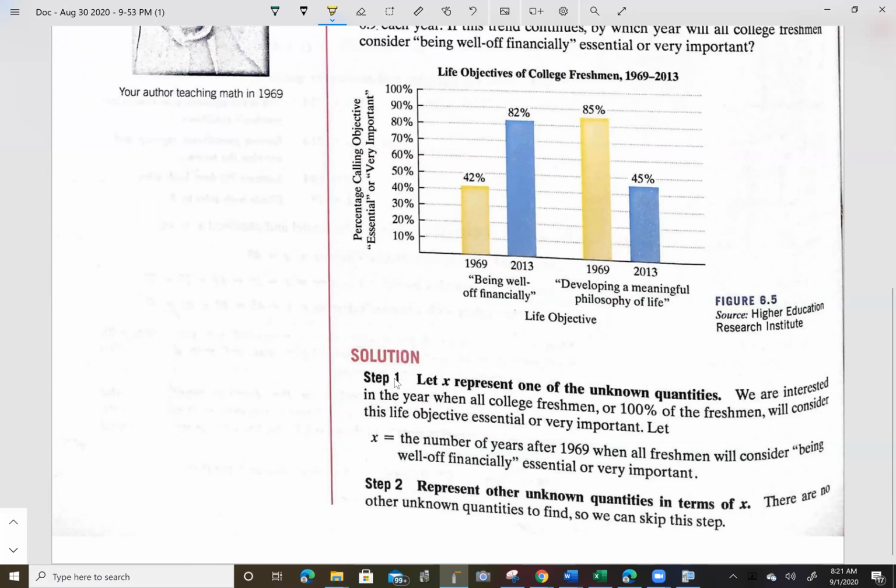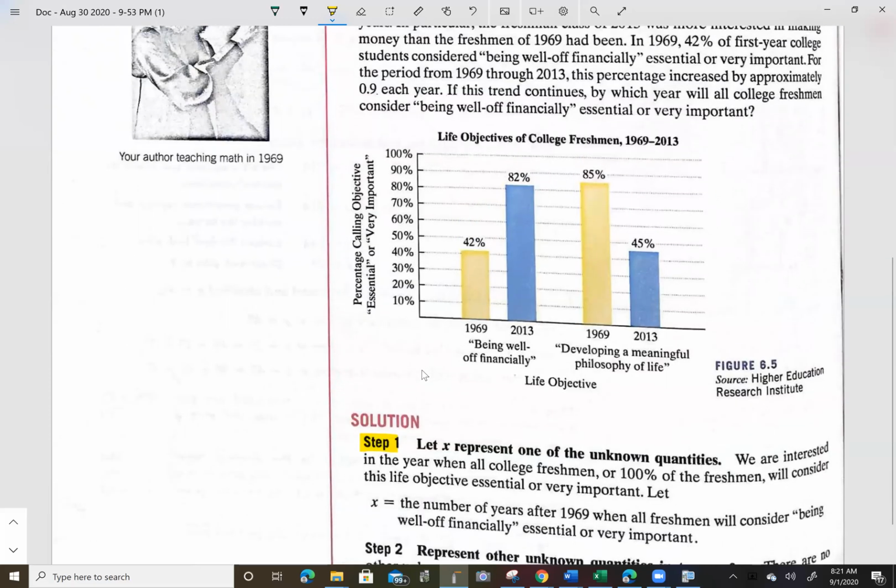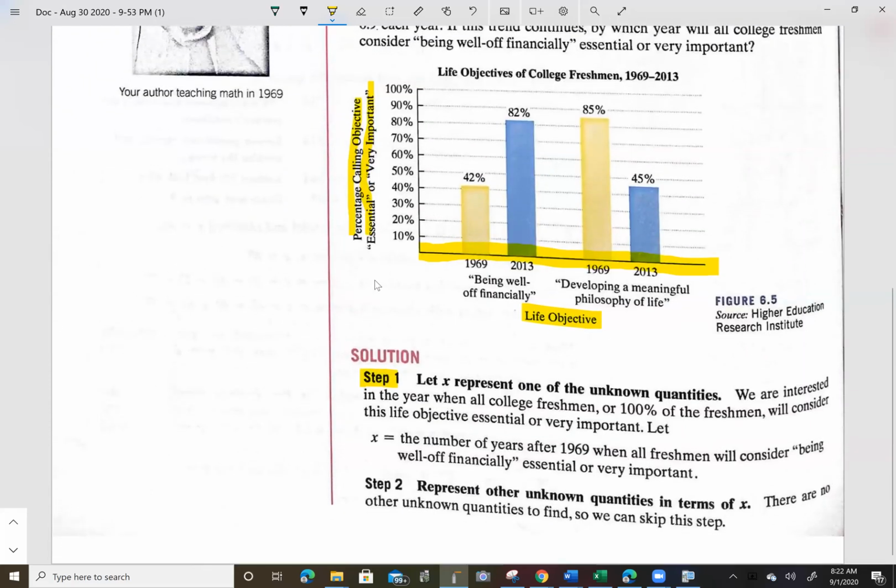The first step is defining our variable. So here, what are we looking for, right? Well, we have this graph. I should have shown you this on the other one too. We have this graph, and on our x-axis is our life objective, and on our y-axis is our percentage of people that find it very important, right?